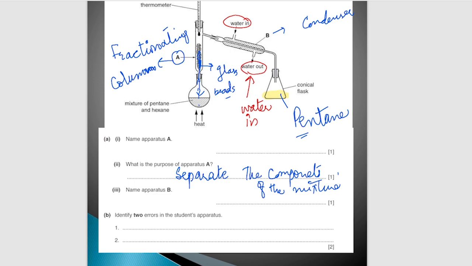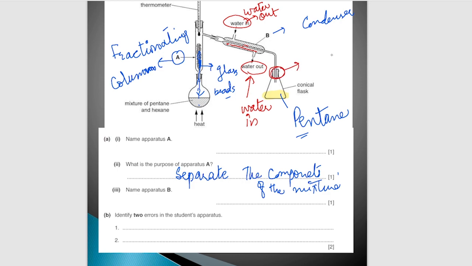The water will remain for some time here to condense the vapors present in this tube in the condenser. So water out should be from the above side. In from the down and out from the top. It is written wrong.